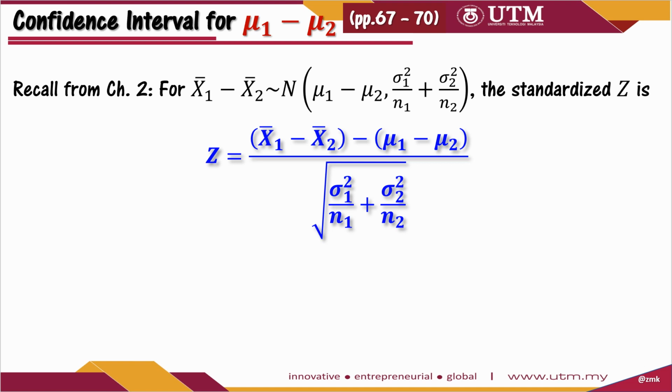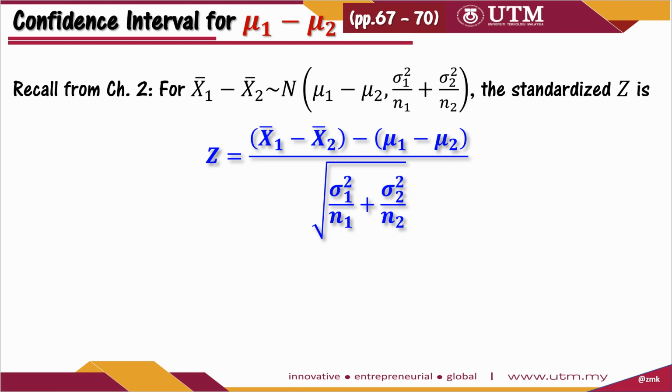Z equals X bar 1 minus X bar 2 minus the mean of the sampling distribution of the difference between means, given by mu1 minus mu2, divided by the standard error of the sampling distribution of the difference between means, which is the standard deviation of X bar 1 minus X bar 2, given by the square root of sigma 1 squared over n1 plus sigma 2 squared over n2.